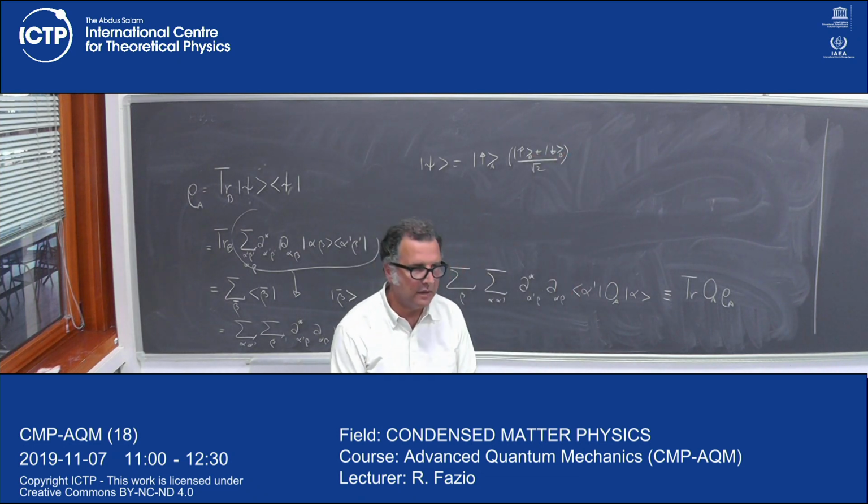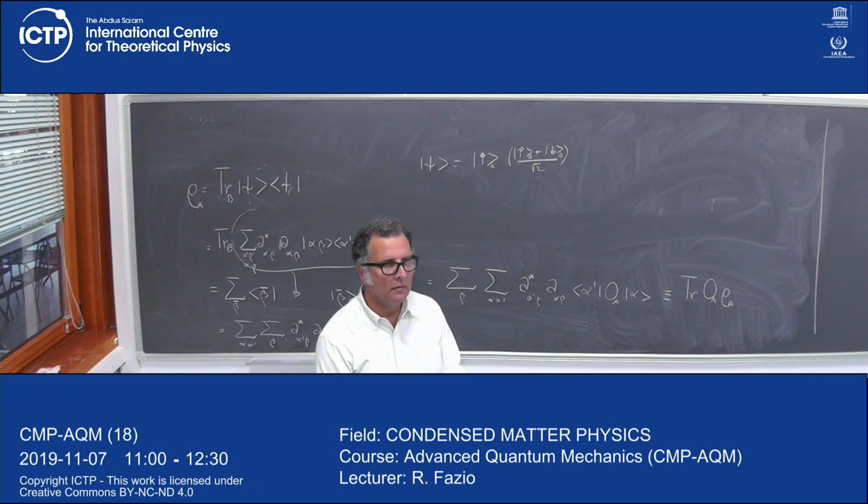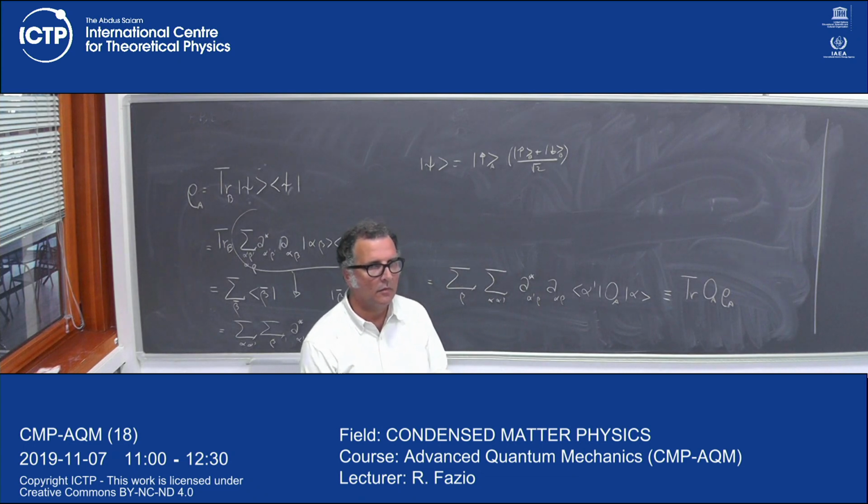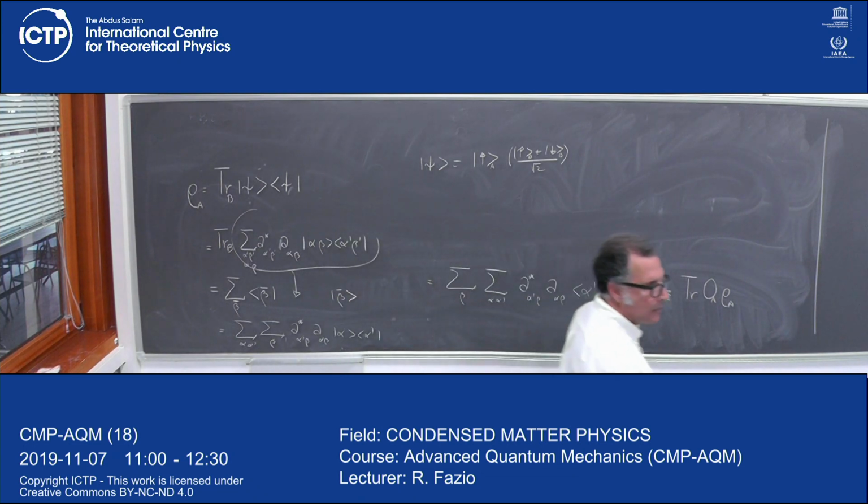Can I ask a question? Yes. When we think of pure and mixed states, we always have a composite system, right? Like for a system of one thing, pure and mixed can have a mathematical look but doesn't have physical meaning. No? No. What I'm saying is that I consider a situation in which the total system is pure, but what we are going to see is that the local system looks like mixed.